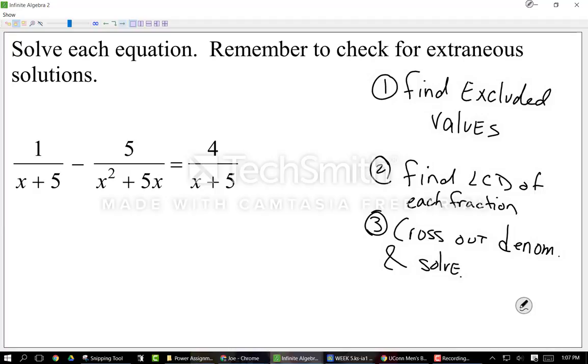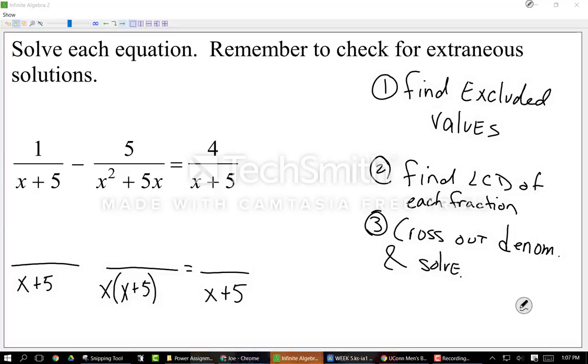So again, I want to find excluded values. So this x plus 5 over here, I can't do anything with it to factor. But this x squared plus 5x, if we notice, they both contain an x, so I'm pulling that out, so it's x plus 5 is what's left. Then this one here is still x plus 5. Now, hopefully we can do these a little quicker.